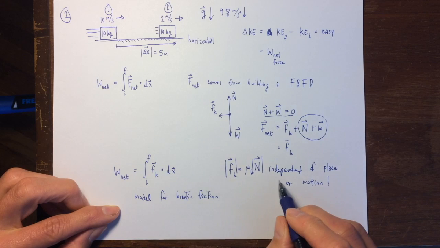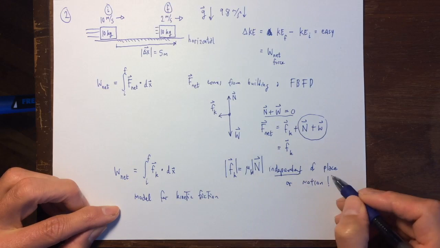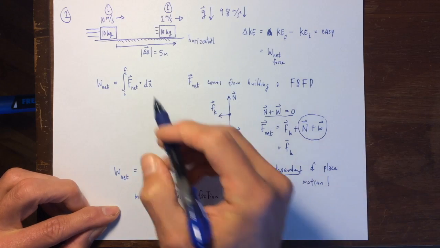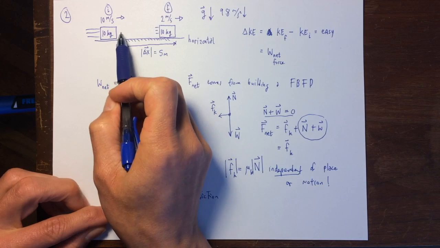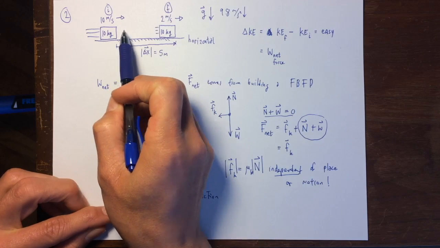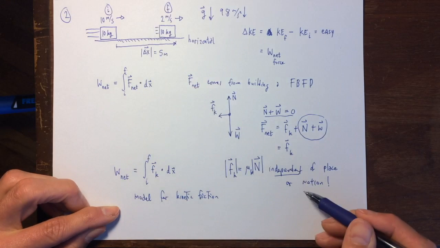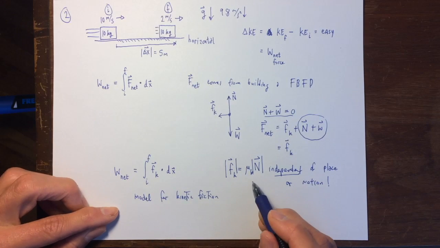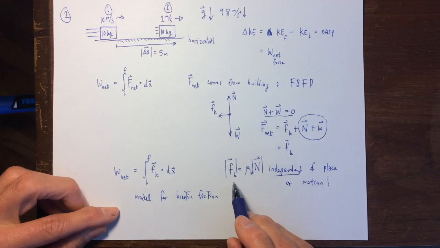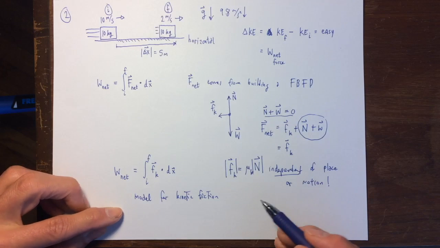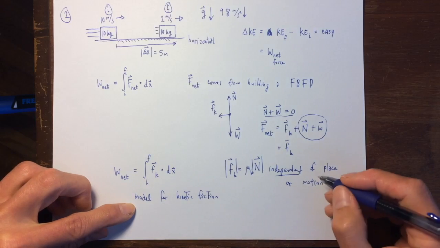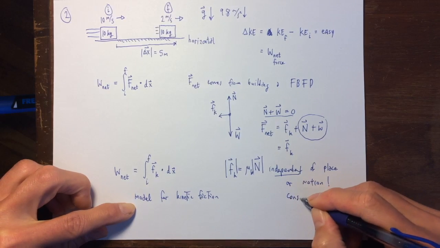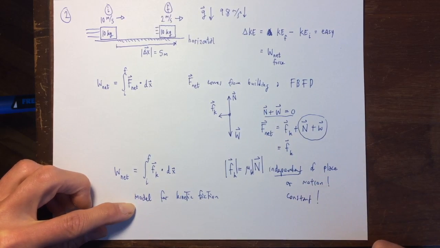And I have a model for kinetic friction that is independent of place, and it's also independent of the fact that it may have been moving faster earlier and slower later. This is a simple model for friction. Whether or not friction actually works that way is a different issue, but it is a simple model. And the point is, for all intents and purposes, it's constant.